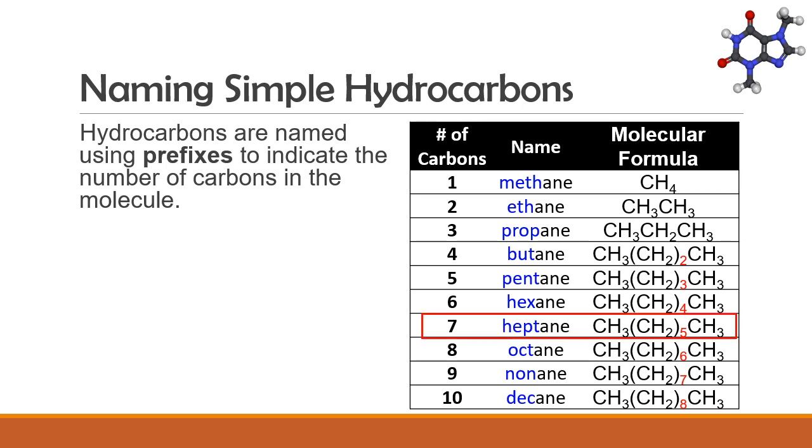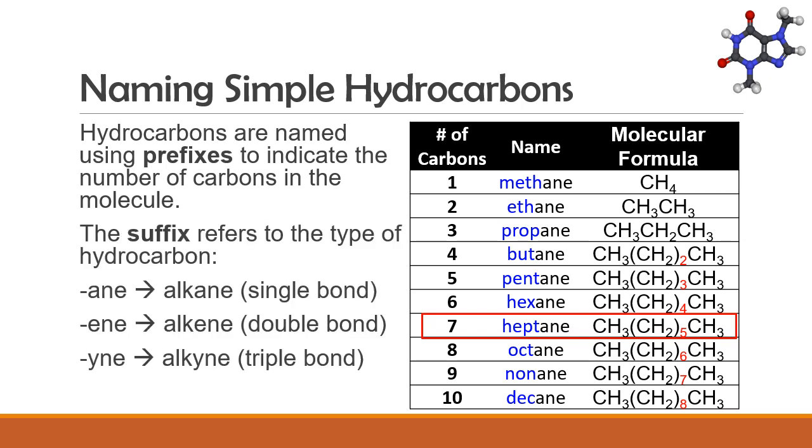So for example, heptane has 7 carbons. Counting the first and last gives us 2 carbons, and multiplying the subscript 5 with the C in parentheses gives us 5 more carbons for a total of 7 carbons.